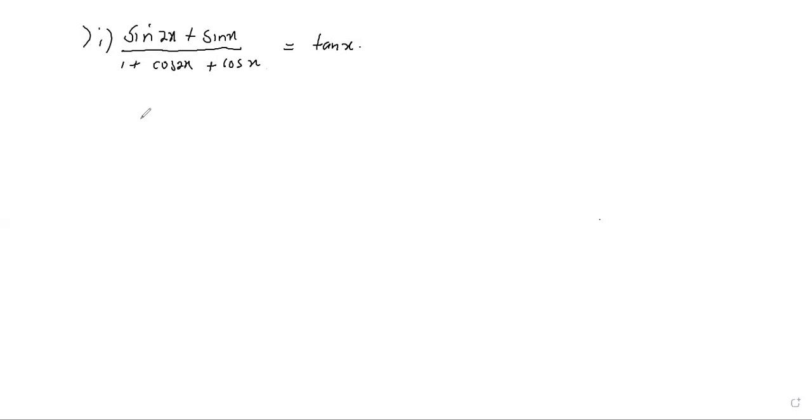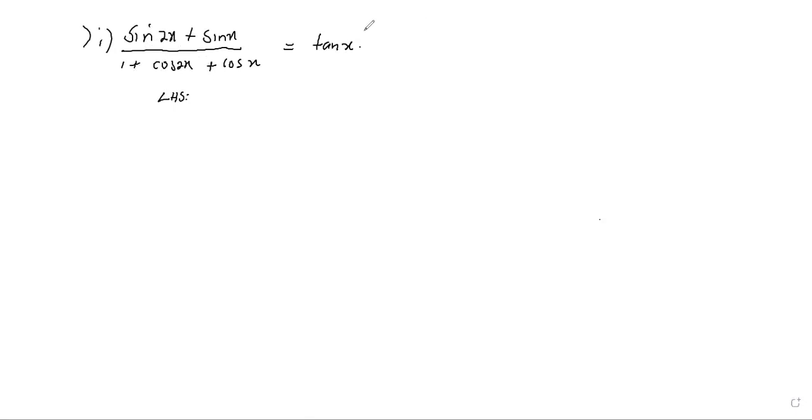We pick the left-hand side and say, this is sine 2x plus sine x divided by 1 plus cos 2x plus cos x. Okay. So now we start with the left-hand side.